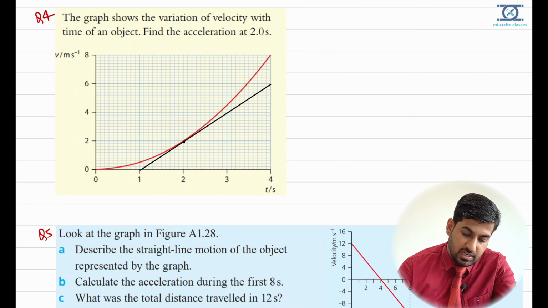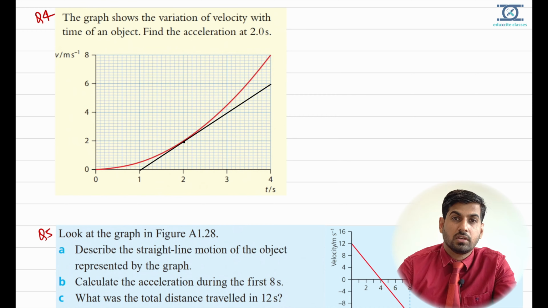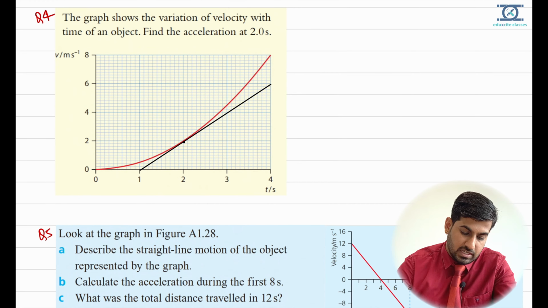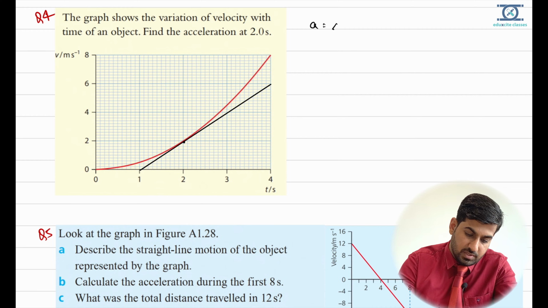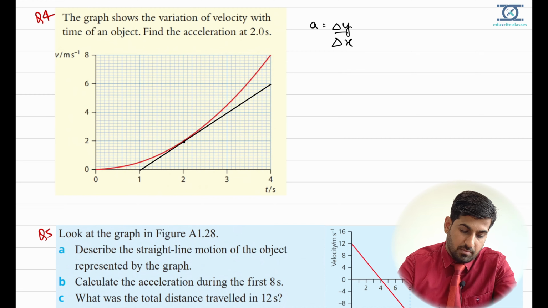So the tangent will be like this, and just find out the gradient of the tangent at this particular instant. So if it is asked for 2 seconds, draw a tangent at 2 seconds on the curve and measure the slope of the tangent. So this will be change in y over change in x. So acceleration will be change in y over change in x, because that is the velocity versus time graph.